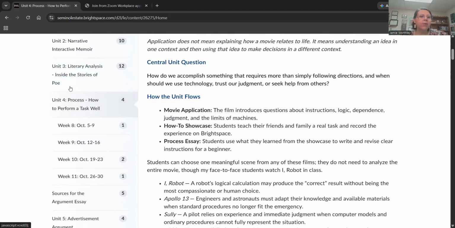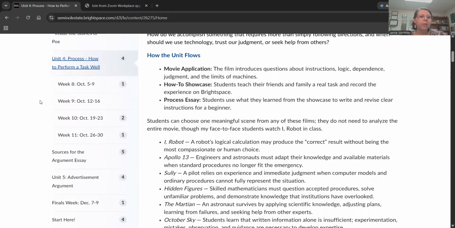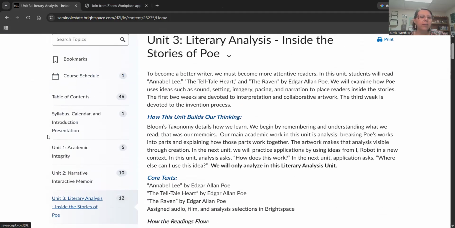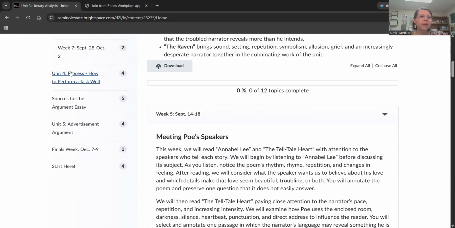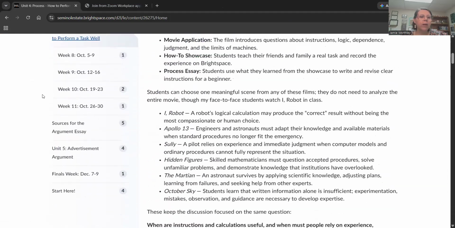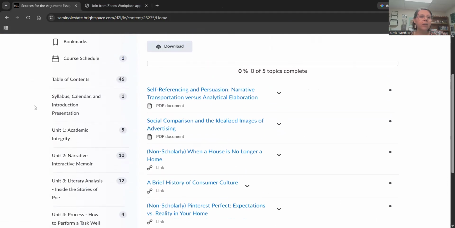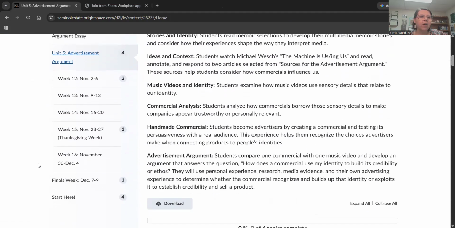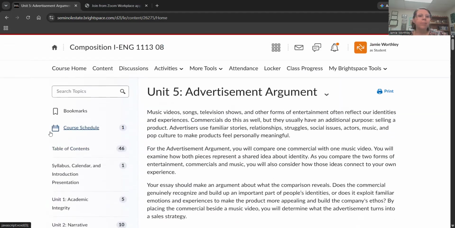We're going to do Edgar Allan Poe for 3 weeks. How-to for 4 weeks. An advertisement argument for 4 or 5 weeks. And then your argument for 5 weeks is going to be the argument essay. So that's how that's broken down.